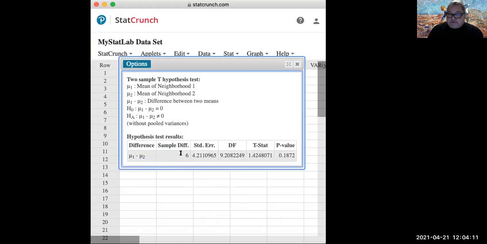We learn that the average age difference in the neighborhoods is 6 years, give or take 4. The degrees of freedom computation is 9.2 degrees of freedom in this T statistic, and the test statistic is 1.424, meaning that there's a difference of 1.4 standard deviations between the null hypothesis of 0 years difference and the observed data difference of 6 years.